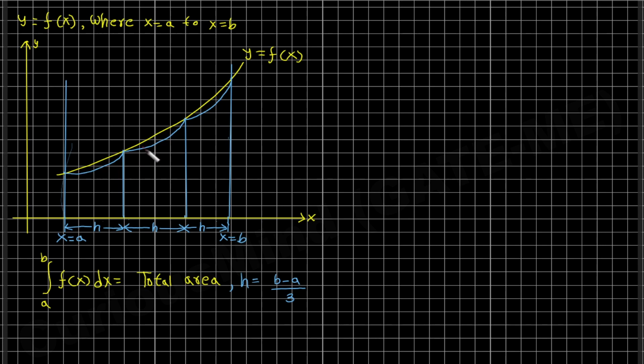Now, the equations of these parabolas would be different in each subinterval. So the corresponding numerical integration technique would become Simpson's one-third rule.